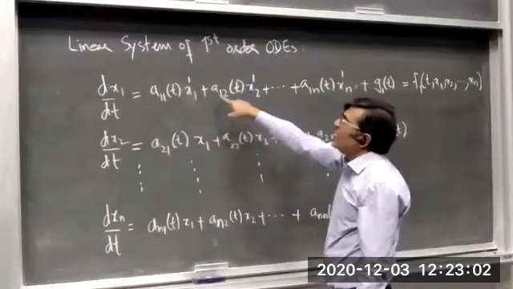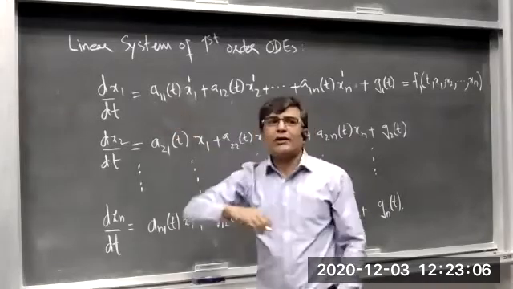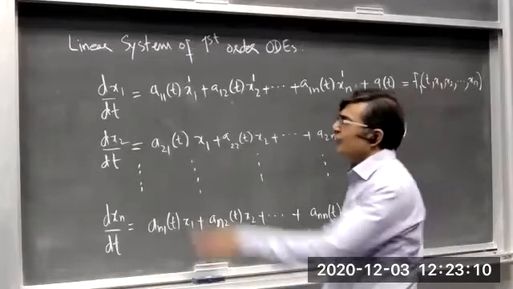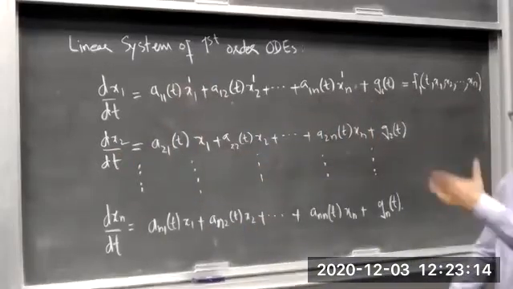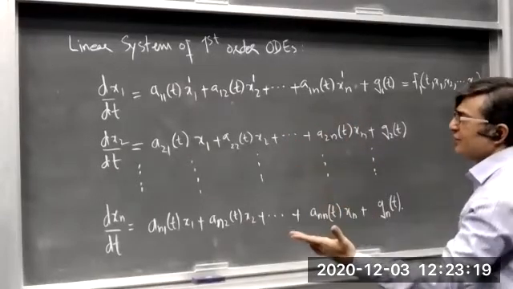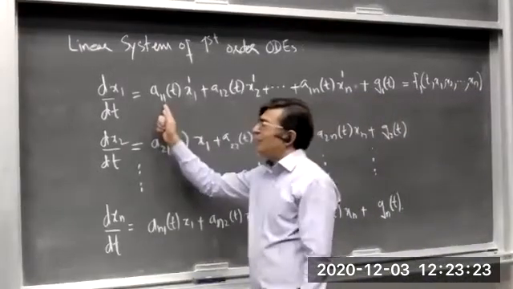They could be functions of t only, or they could be constants. As in the previous example, 2x1 plus 3x2, the coefficients were constants only, but they could be functions of t as well.